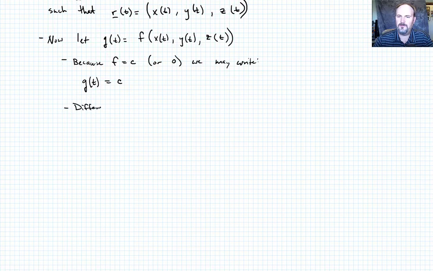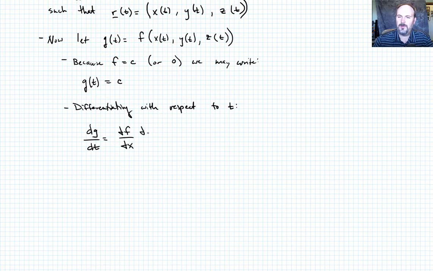Differentiating with respect to t, we end up writing dg dt, and we use the chain rule, which is then going to be partial of f with respect to x times dx dt, plus partial f with respect to y times dy dt, plus partial f with respect to z times dz dt.